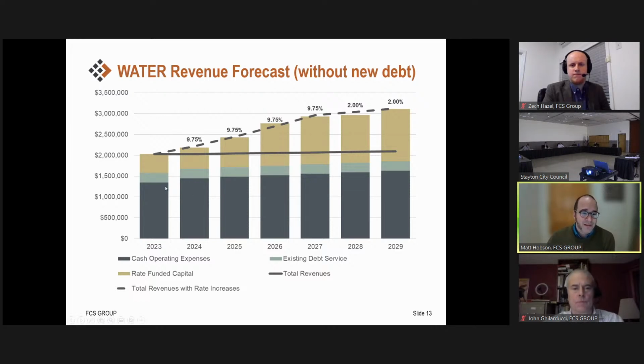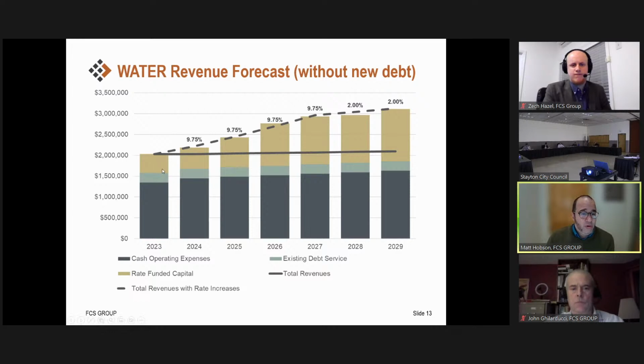The columns in the chart represent different types of expenses. So the largest column, the one on the very bottom, represents our cash operating expenses, those day-to-day expenses that we incur for benefits and salaries and materials. The next column represents any existing debt service that we have to pay over time.